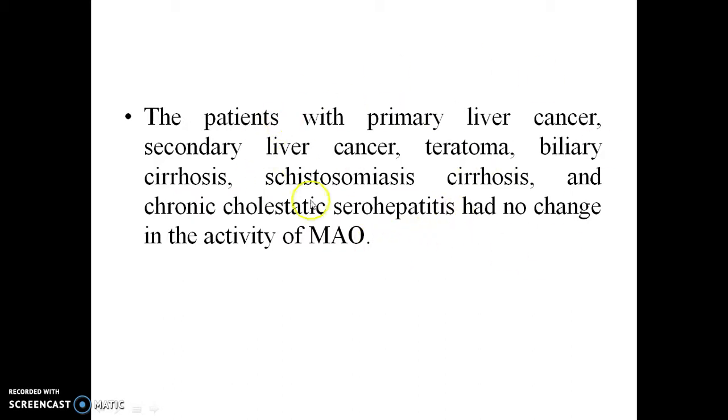So these diseases do not show us anything, meaning monoamine oxidase monitoring is not useful in these diseases. Only liver fibrosis or liver cirrhosis is the very important disease where we are using this enzyme with a spectroscopic or colorimetric method.